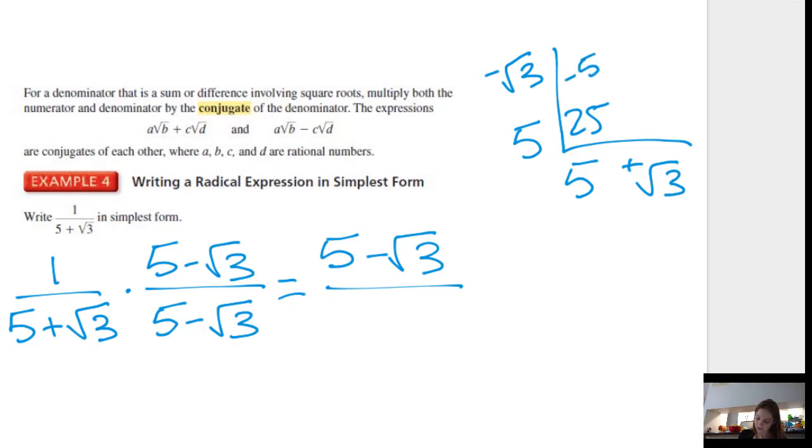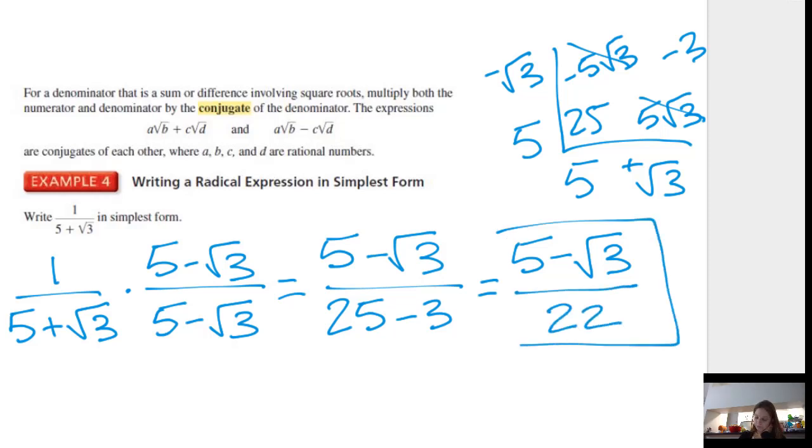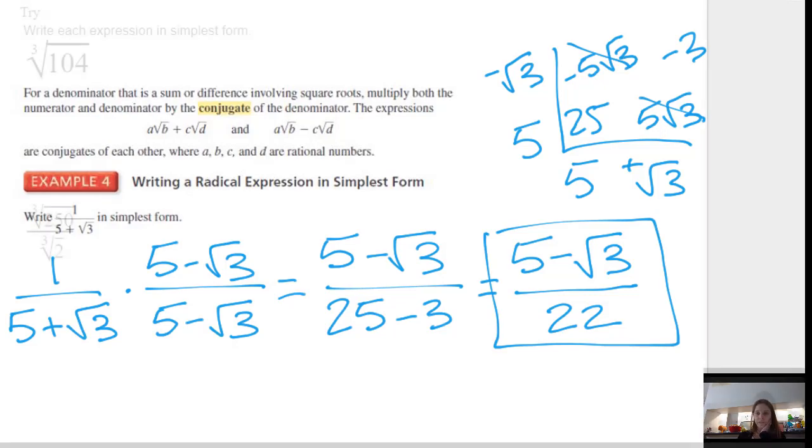This is negative 5 radical 3, positive 5 radical 3, negative 3. Those terms cancel out, and I'm left with 25 minus 3. So I get 5 minus radical 3 over 22. And now I have no radical in the denominator, so I have simplified the expression.